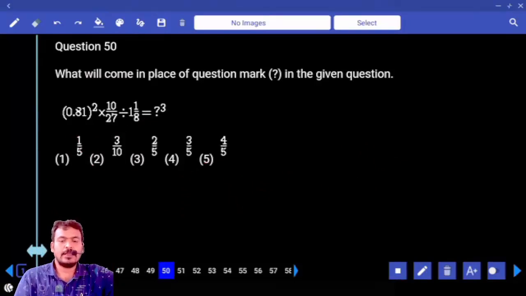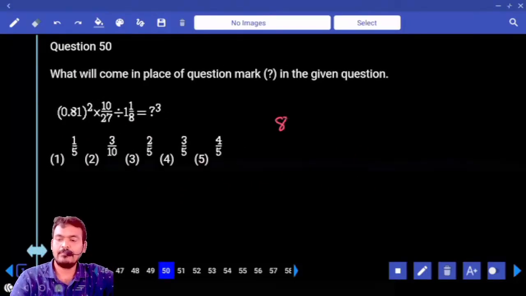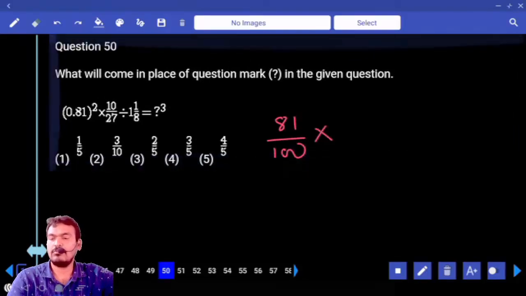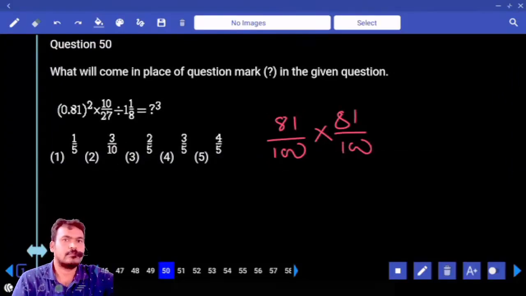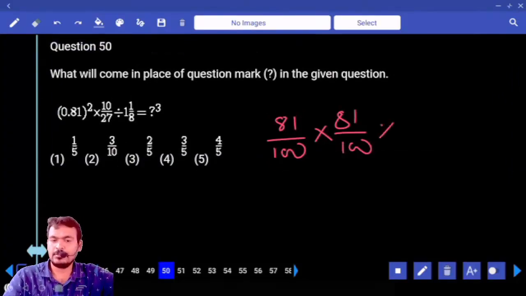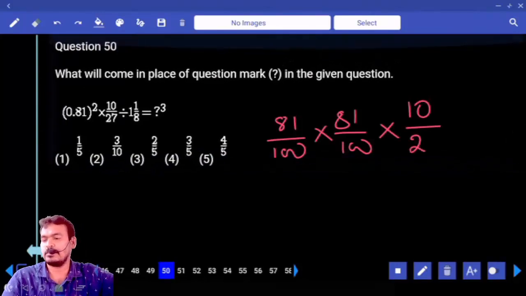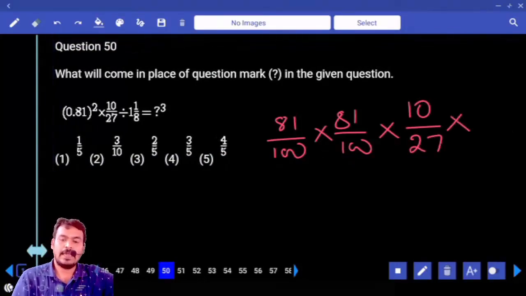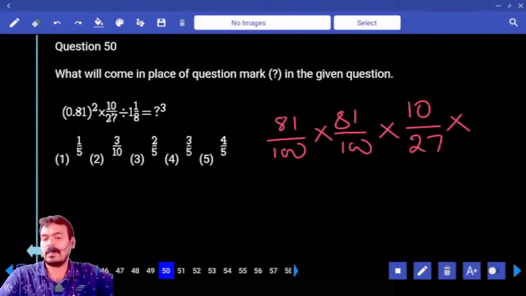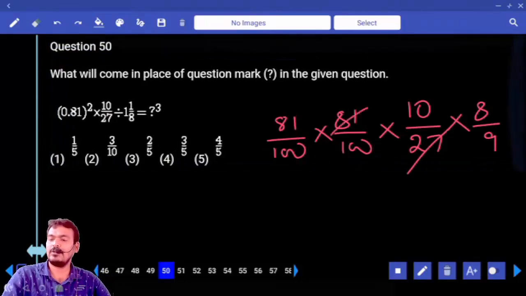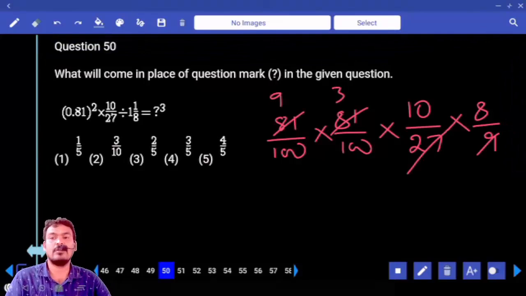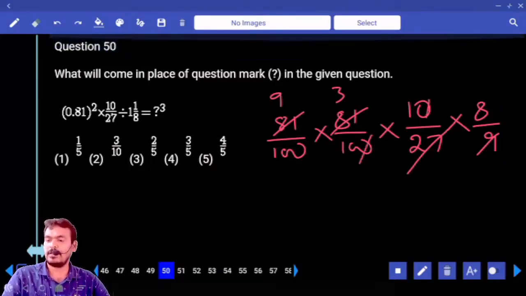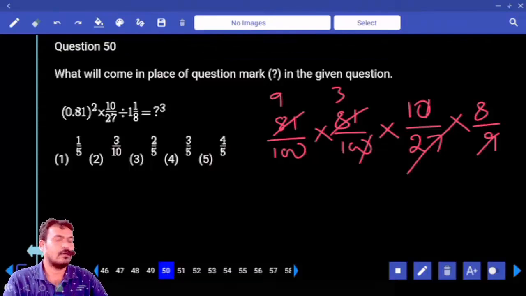Next, 0.81 square is nothing but 81 by 100 into 81 by 100. Okay. Next, into 10 by how much value? 27 into actually 9 by 8. This one we write as 8 by 9. 27 3 is how much? 81. 9 how many times? 9 times. Numerator 10, denominator 10, cancel.